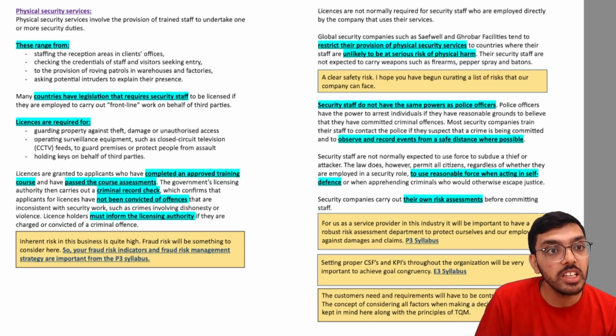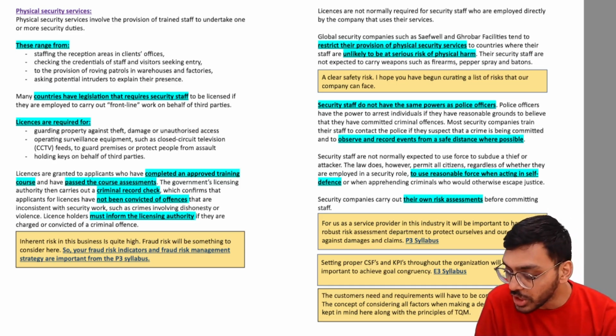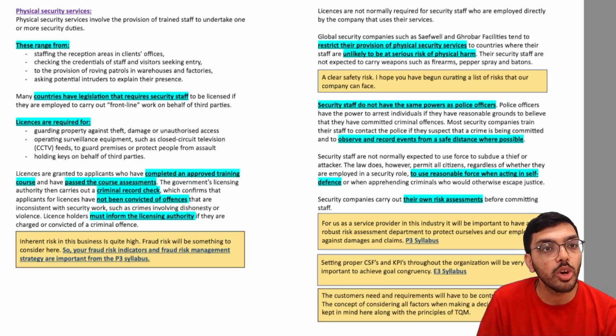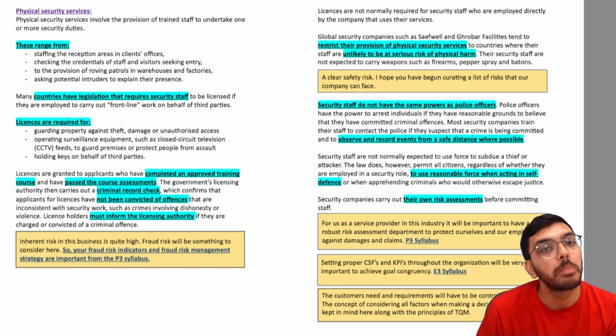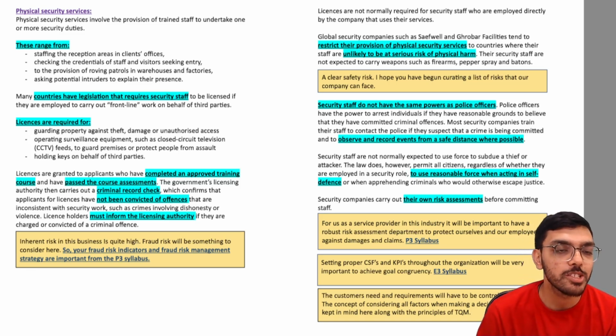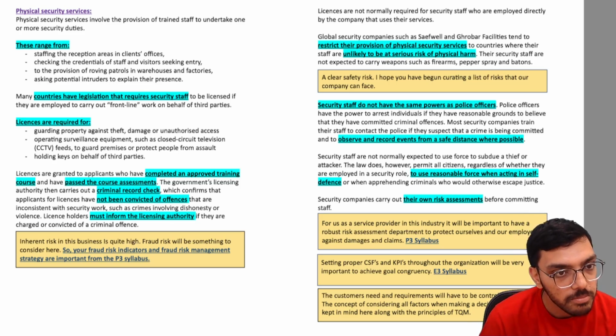Next, physical security services have been detailed upon over here. Now, physical security services involve the provision of trained staff to undertake one or more security duties. Simple. These range from staffing reception areas, checking credentials, patrolling, asking potential intruders to explain their presence, normal physical security stuff.